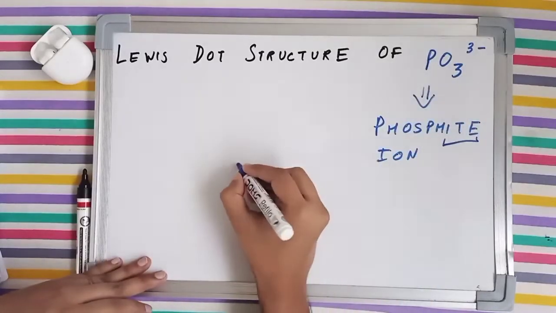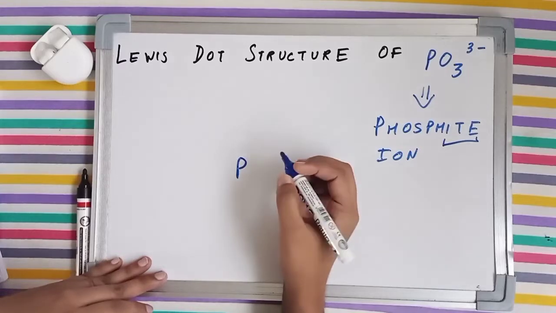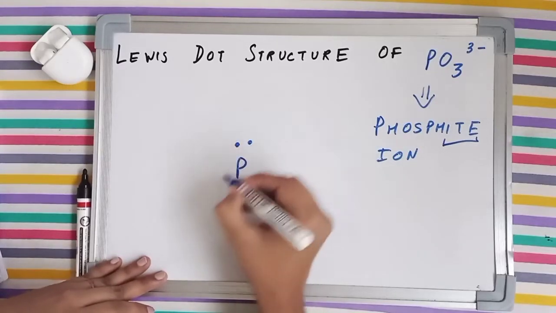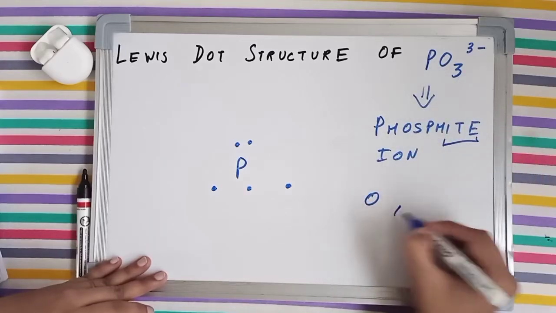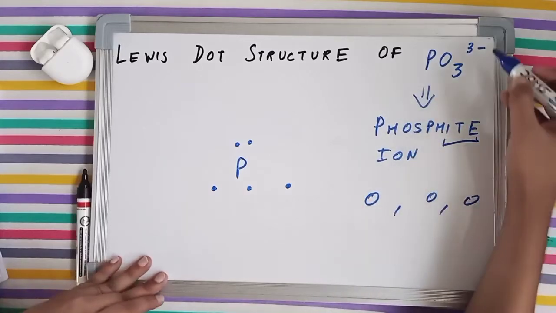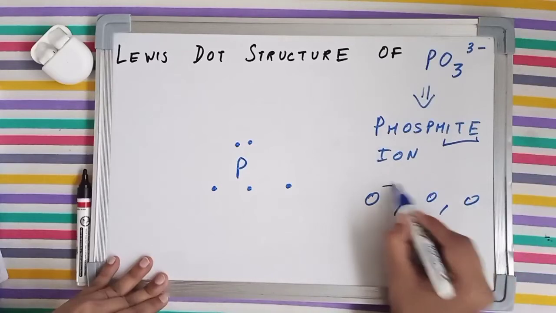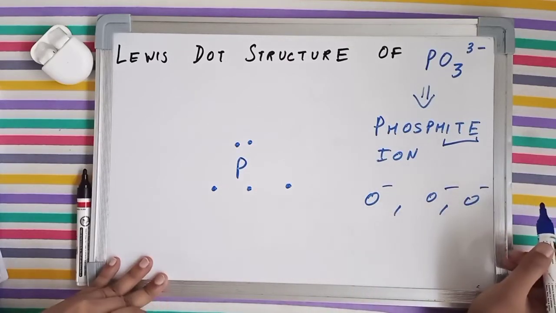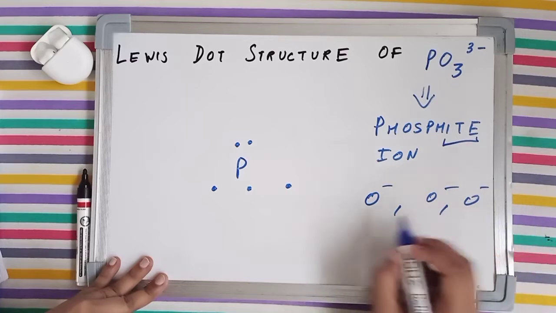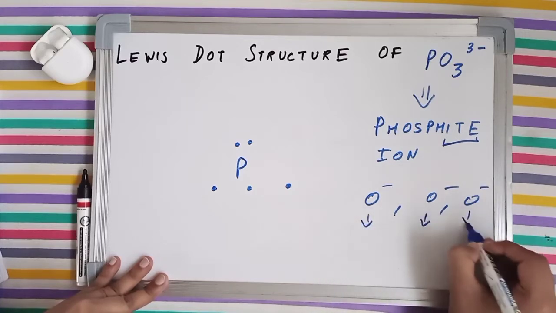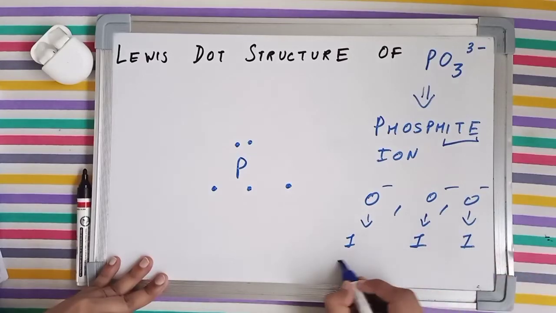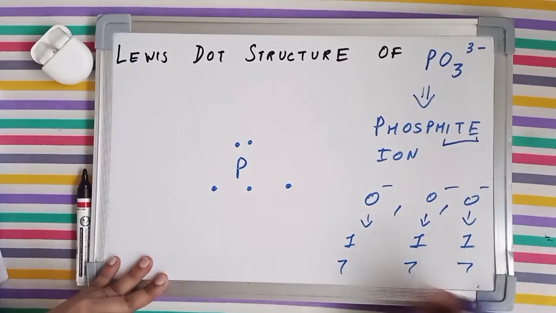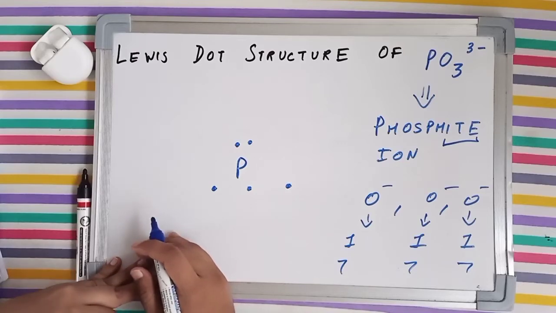So you've got your central atom phosphorus, which has 5 valence electrons, and you've got 3 oxygen atoms, right? And you've got 3 negative charges, which means all these oxygen atoms are carrying a single negative charge, which means they'll make single bonds, and they all have 7 valence electrons, as I just showed you.